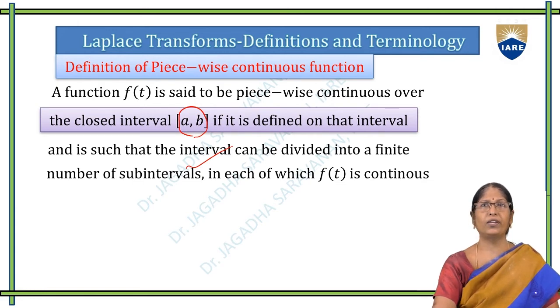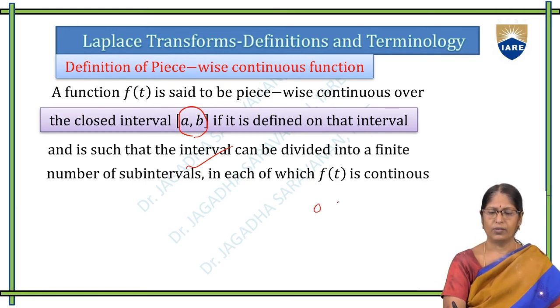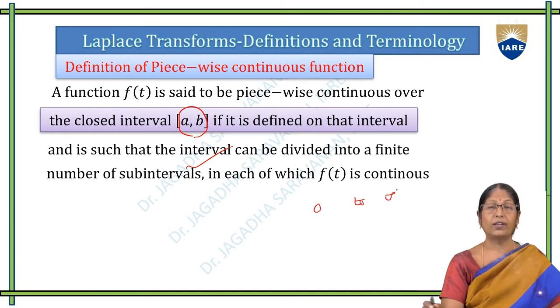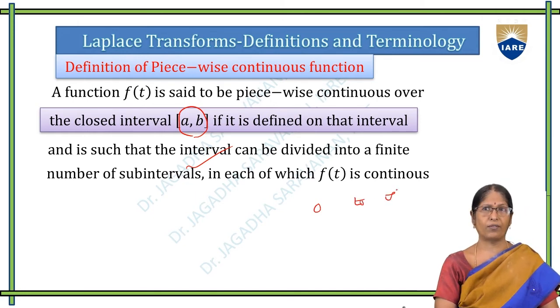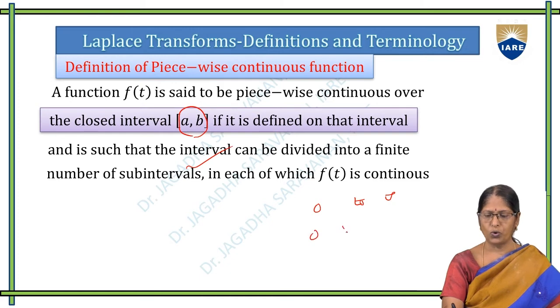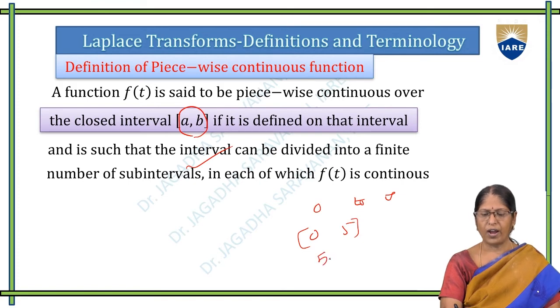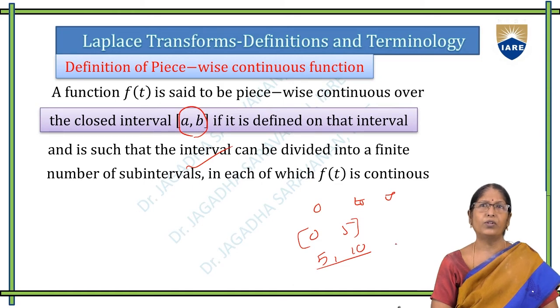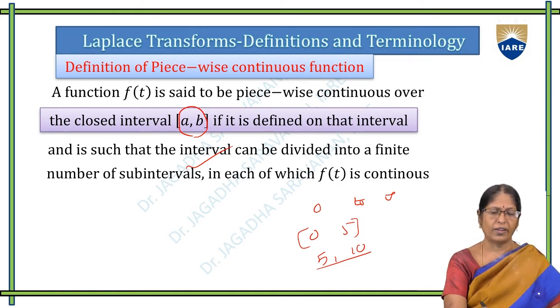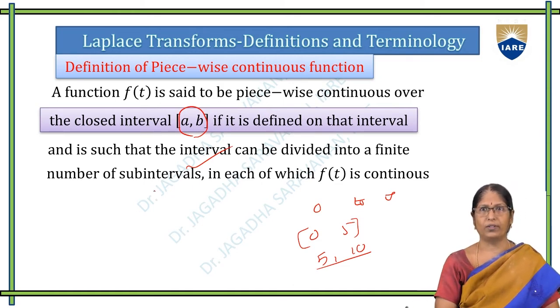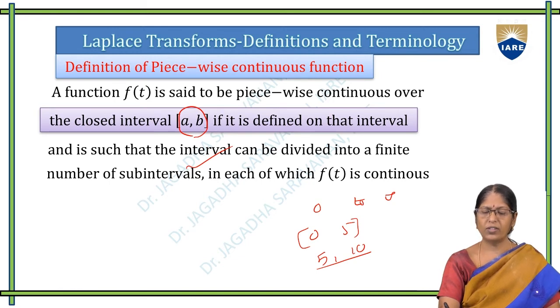Suppose 0 to infinity is our Laplace transform integral range. Then 0 to 5 is finite, a closed interval, then again 5 to 10. So it is divided into a finite number of sub-intervals, and on each sub-interval f of t is continuous.